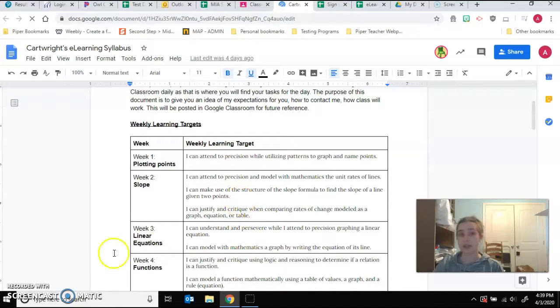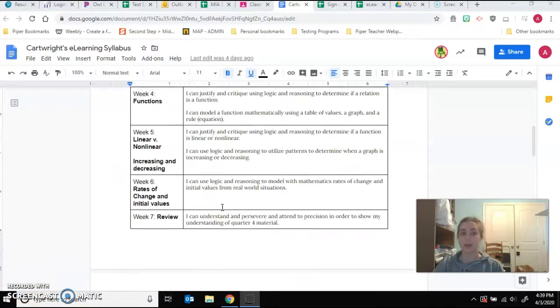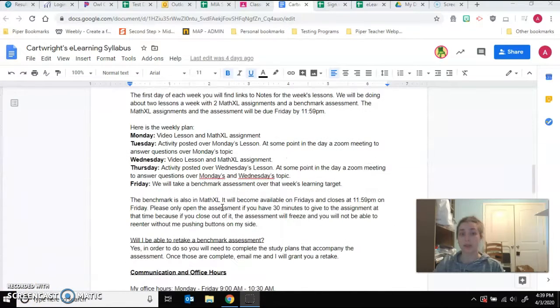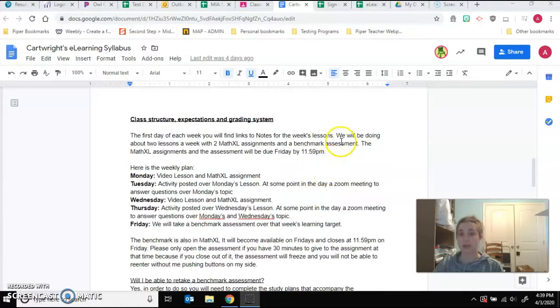From there, after that is our class structure, right? Like in this first paragraph, we'll be doing 2 lessons a week, 2 math Excel assignments, and a benchmark assessment. Notice there's something missing from there that I have had several people ask and request for.